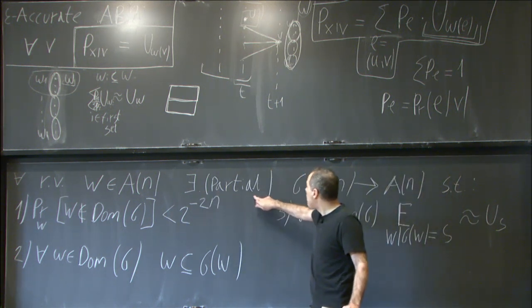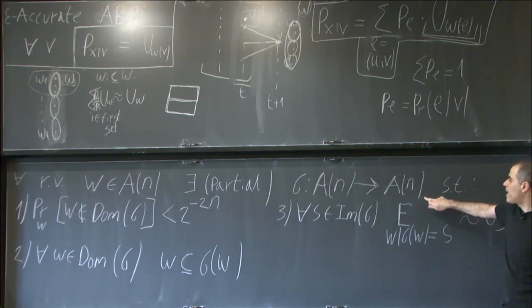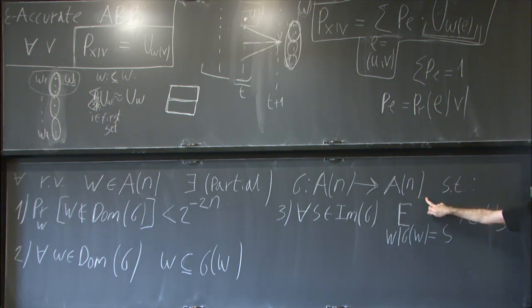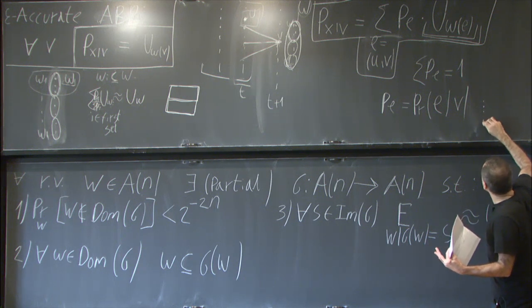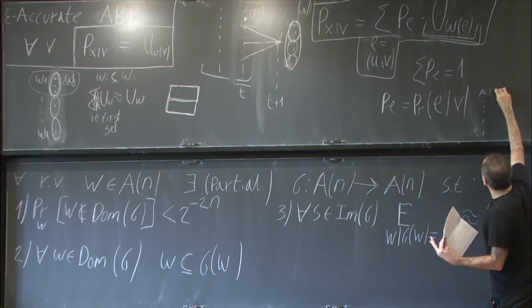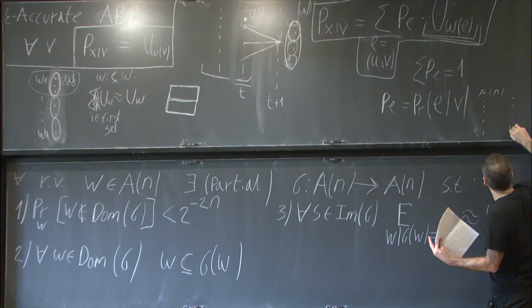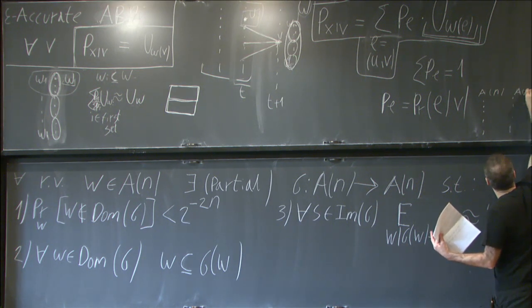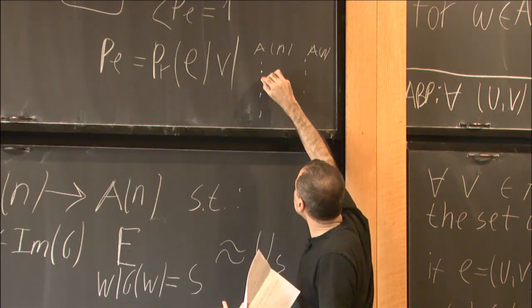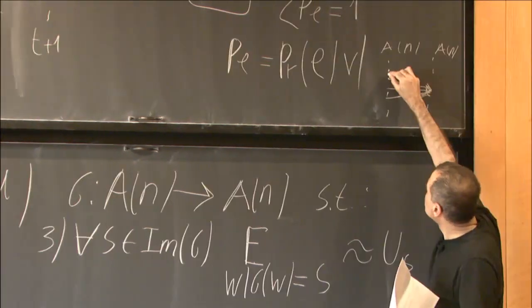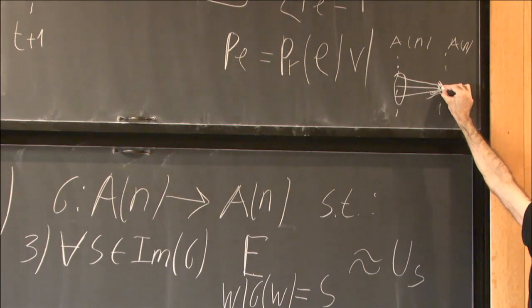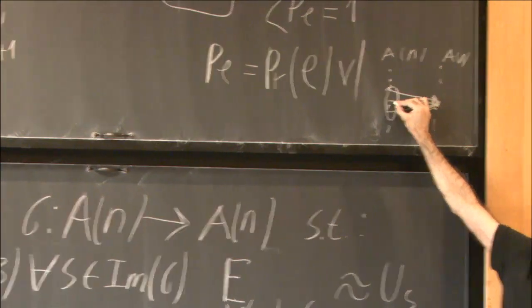Then there exists a partial function sigma from AN to AN. This partial function will give you the regrouping. This will be the regrouping function. What is the partial function? If this is AN, the function is from AN to AN. The function takes several values into one value, and all the values that go into one value will be one group.